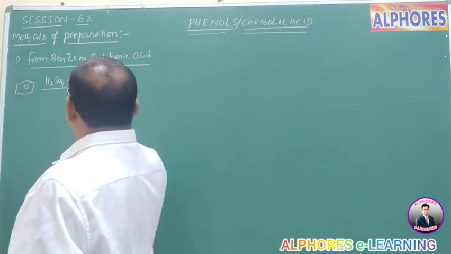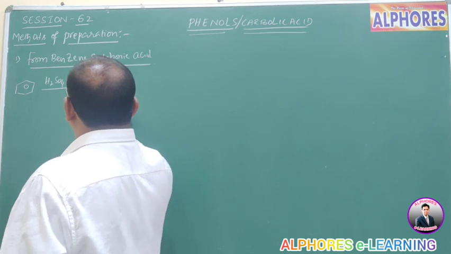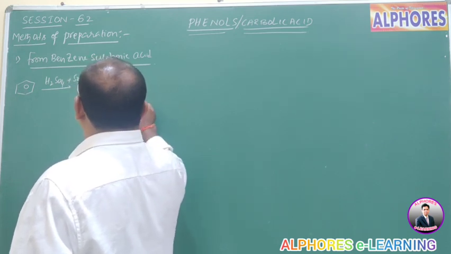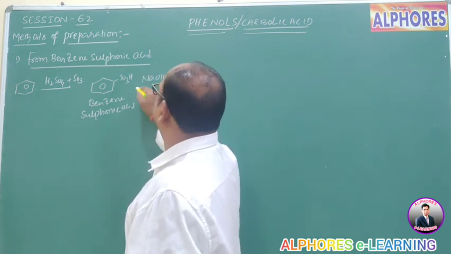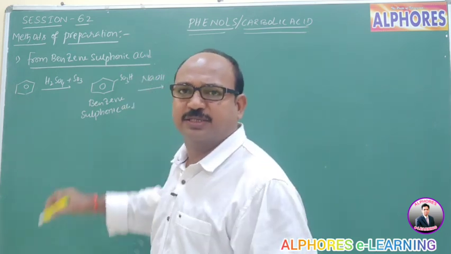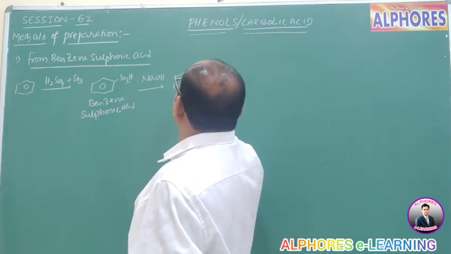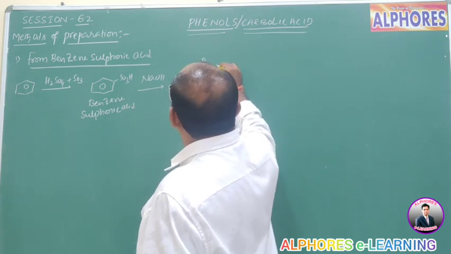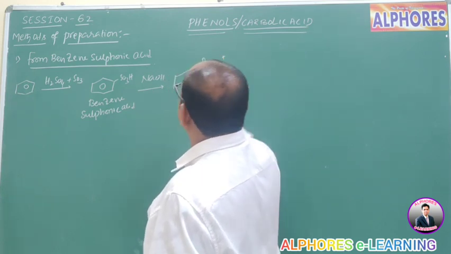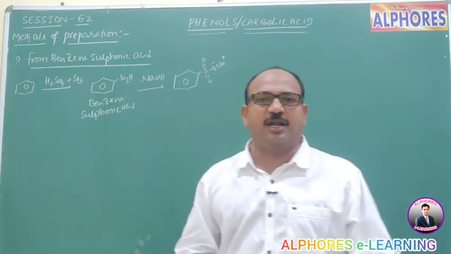This benzene sulfonic acid upon reaction with sodium hydroxide gives a salt, because sodium hydroxide is a base. Then we are getting sodium benzene sulfonate, which means the benzene sulfonic acid salt.